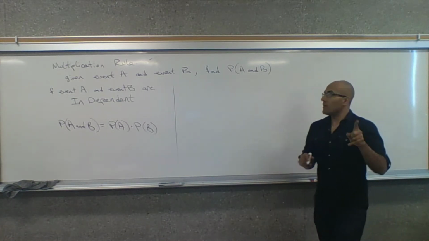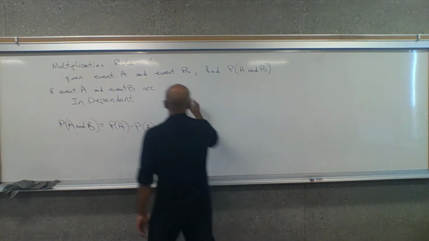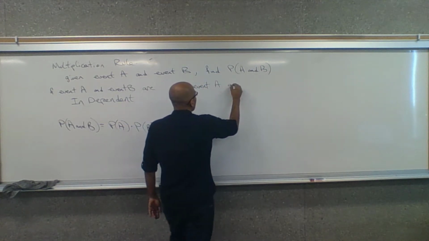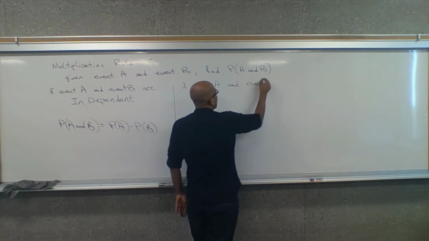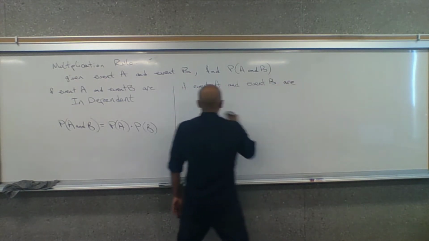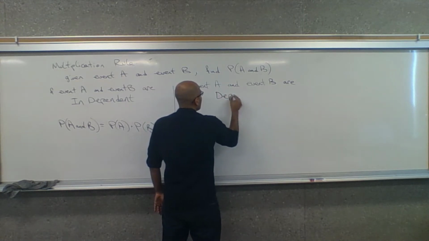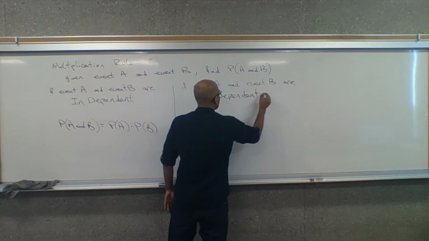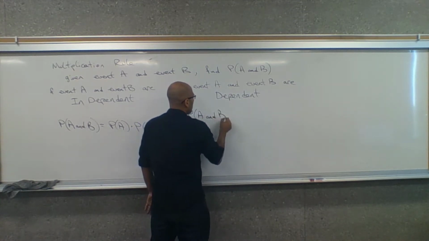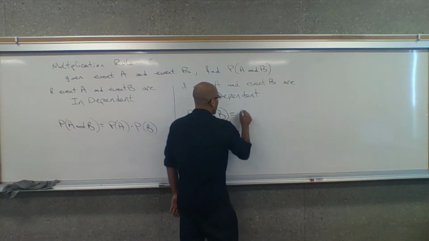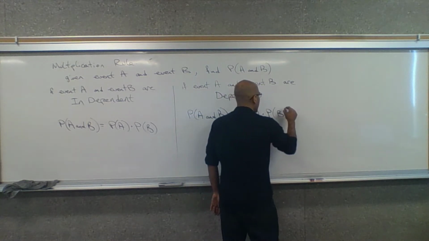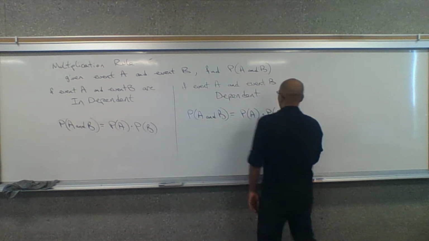On the other hand, if we know that event A and event B are dependent, then the probability of A and B is equal to the probability of A times the probability of B given that A has occurred.